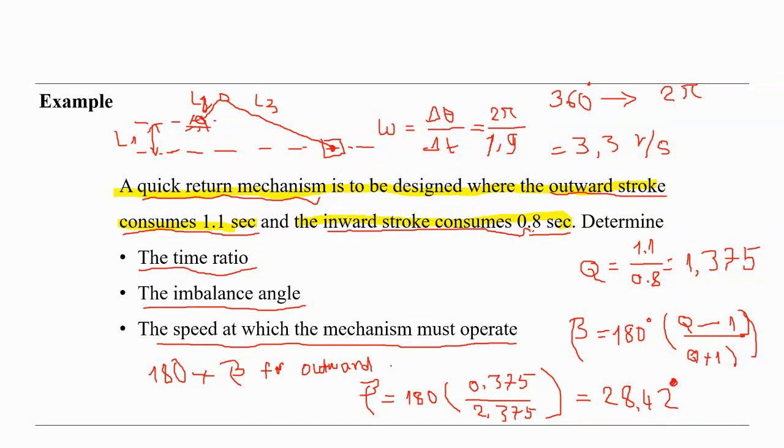The outward stroke uses more angle. That's the reason why it takes 1.1 seconds. And the inward stroke will take 180 minus beta. And this is for the inward stroke.